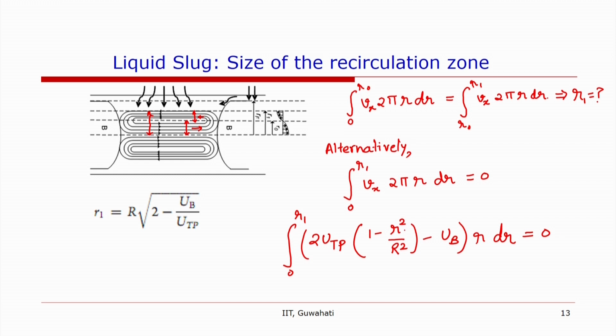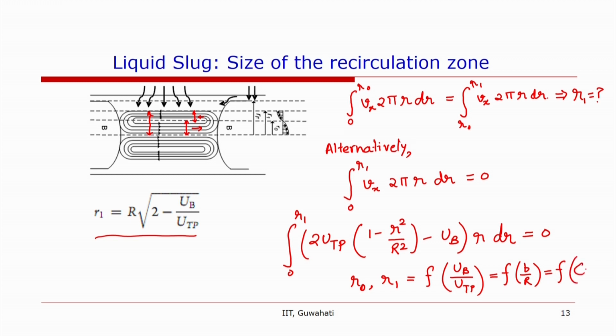So after the substitution, one will get the value of R1, which is the radius of circulation. You can notice here that R0 and R1, the size of the recirculation, are functions of UB by UTP only, and UB by UTP is a function of B over R, which is the film thickness, which is a function of capillary number.